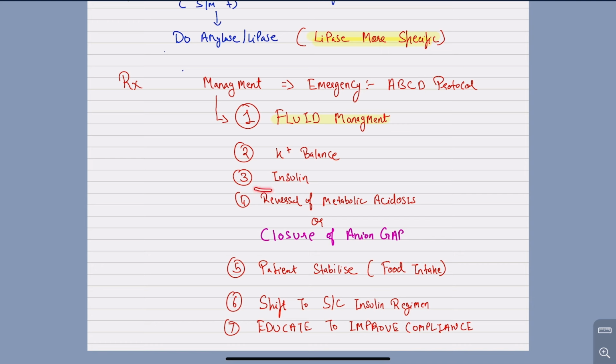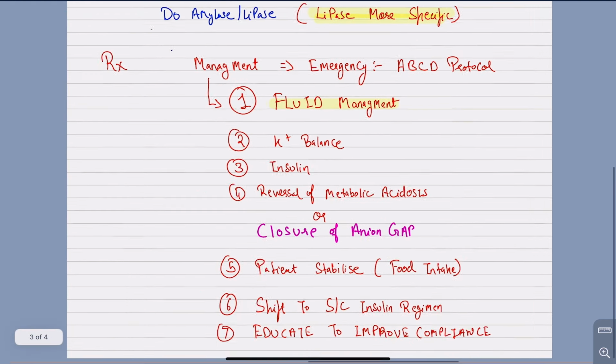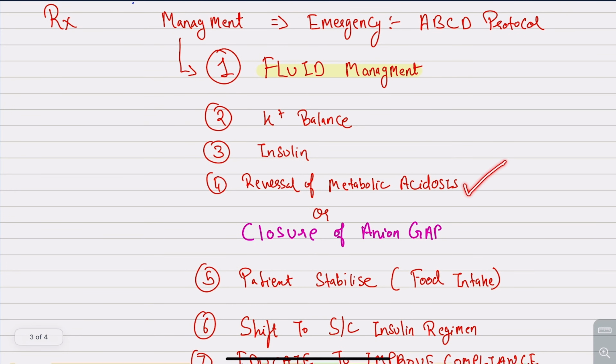Then and only then start insulin. If there is a sodium abnormality, please correct it and then do the treatment. Generally, bicarbonate is not given, not advised. Only if insulin is given properly will the acidosis begin to resolve. The target of management will be reversal of metabolic acidosis and closure of the anion gap.